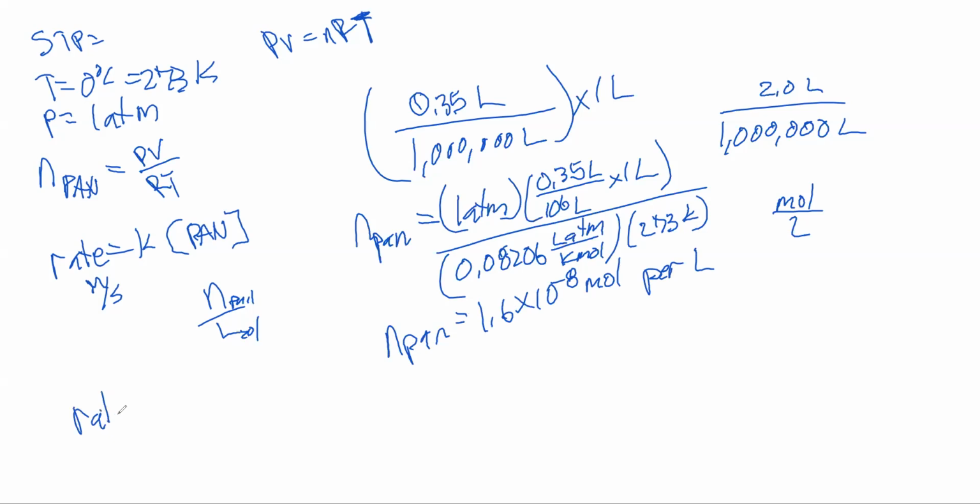So our rate has a K of 4.9 times 10 to the negative 4. Our concentration is 1.6 times 10 to the negative 8, and that's our molarity.